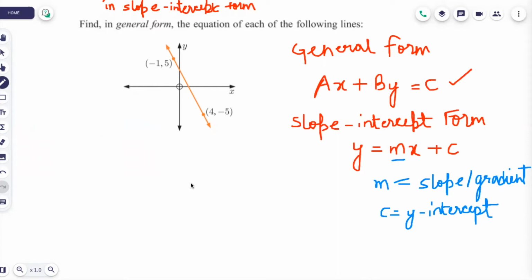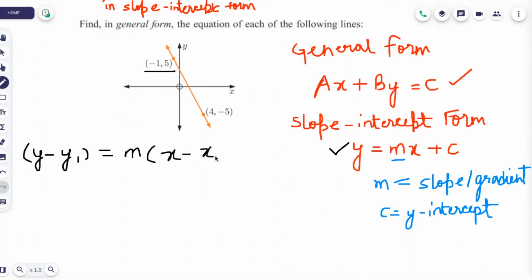So first of all, for getting any equation of line when you have a coordinate with you, you can use this formula: y minus y1 is equal to m times x minus x1.